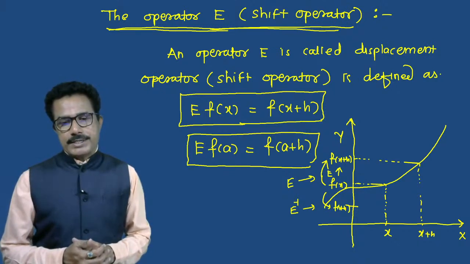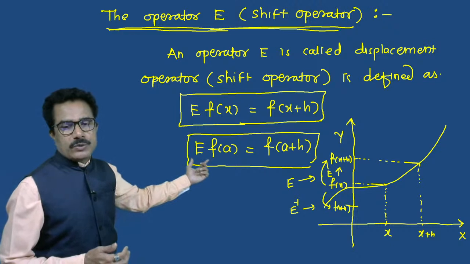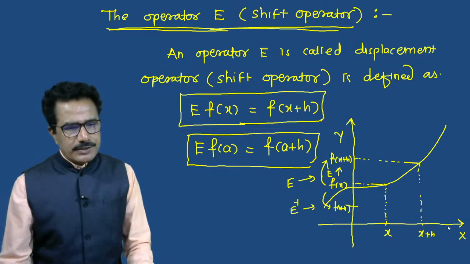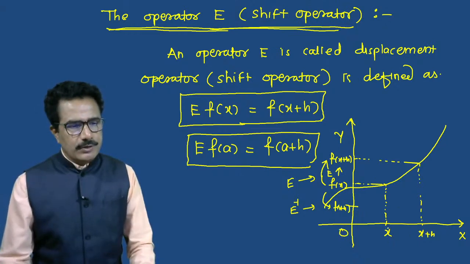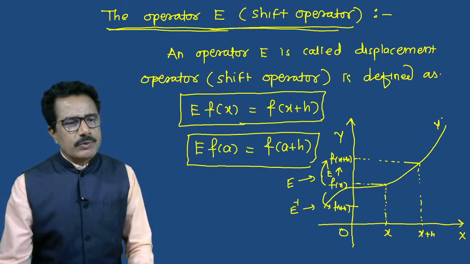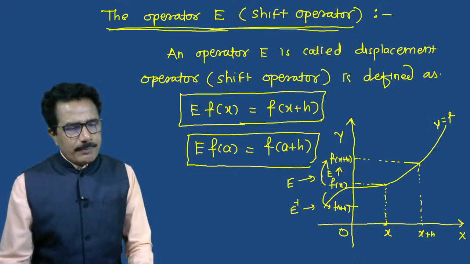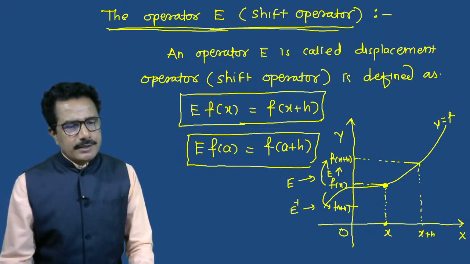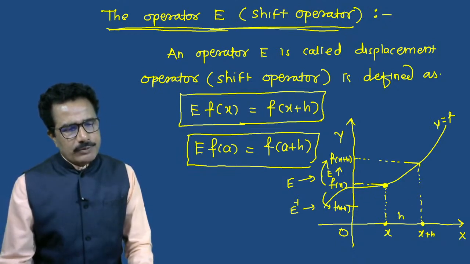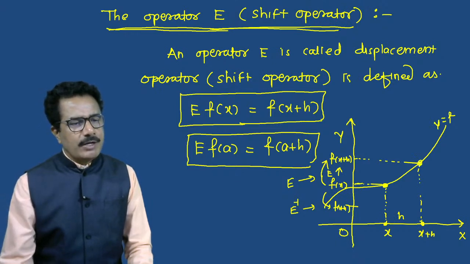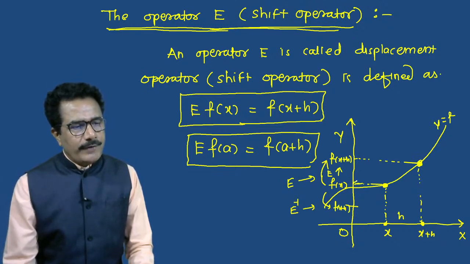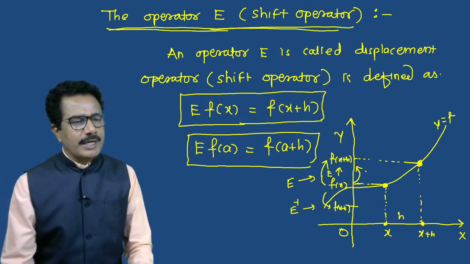Suppose this is the function y equals f of x, then at a point x we can write the value of that function f of x. There is a small increment in x, then we get x plus h, and its corresponding value of the function is f of x plus h. Now f of x shifts forward, and this gives the operator E.